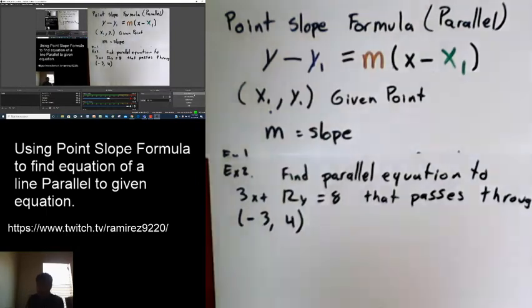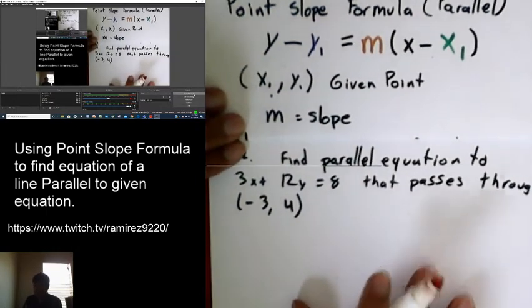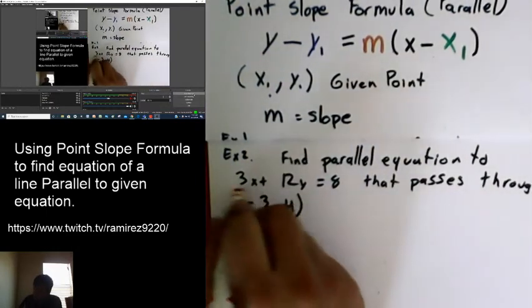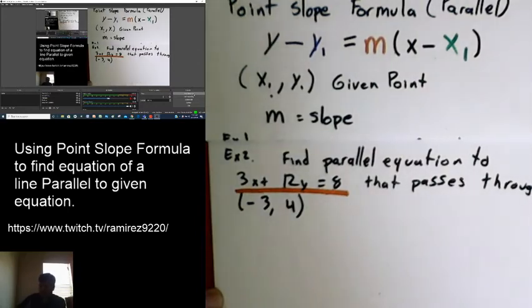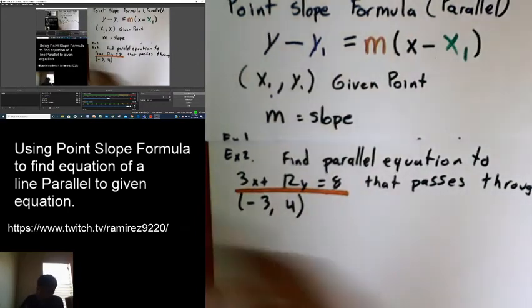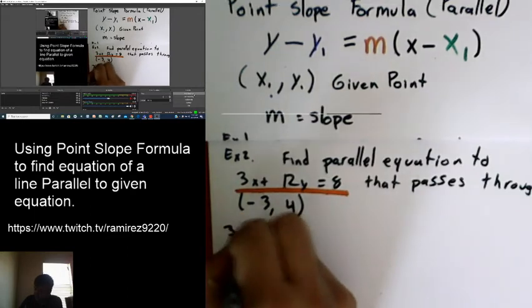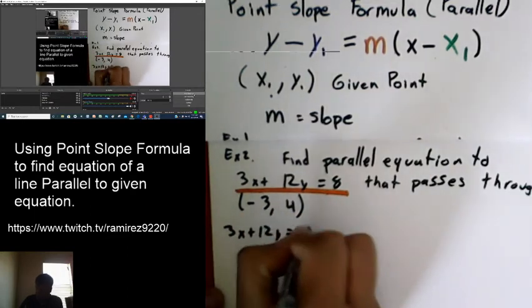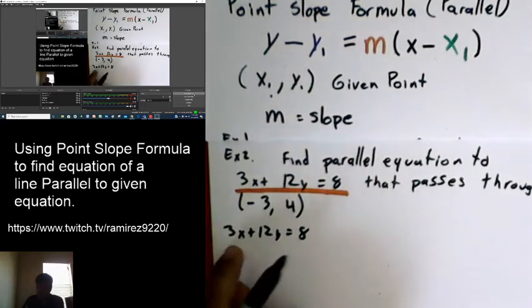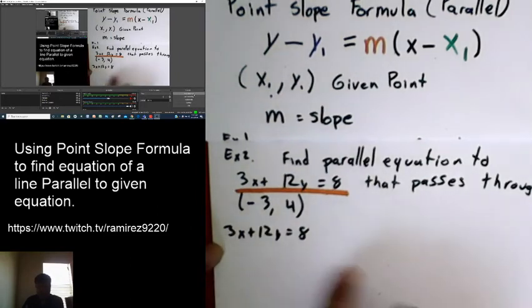So again, it all starts off with us identifying the information. Right here, they gave us the equation. So we have here 3x plus 12y is equal to 8. Now my slope I cannot just say it's 3. Remember, I have to do a little work.